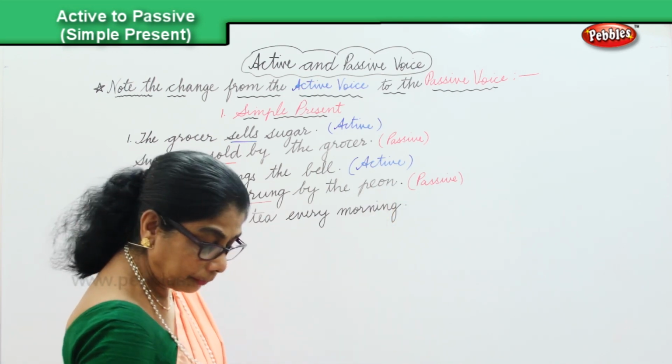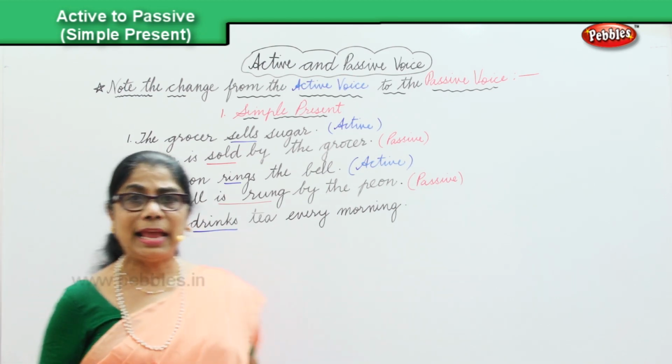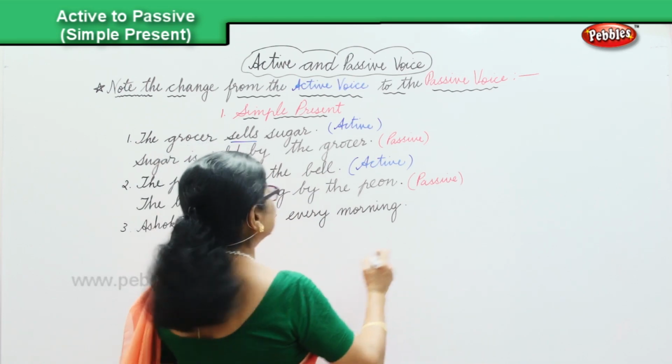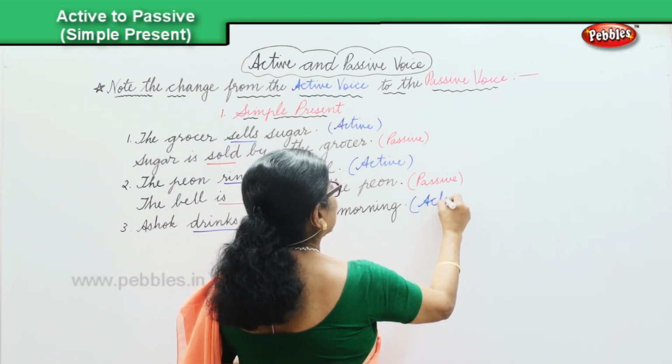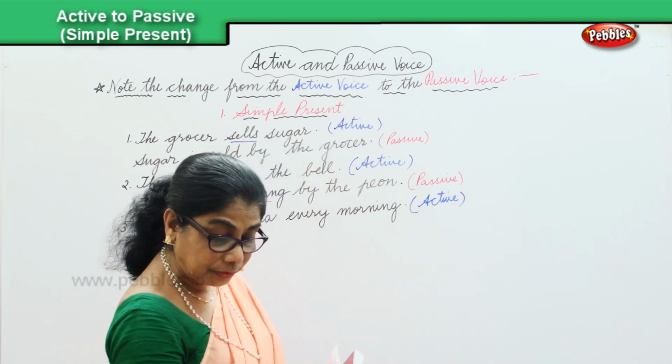Now, look at the verb drinks. Ashok drinks tea every morning. Active. He's doing some action here. Active voice. Now, let's change the active into the passive voice.